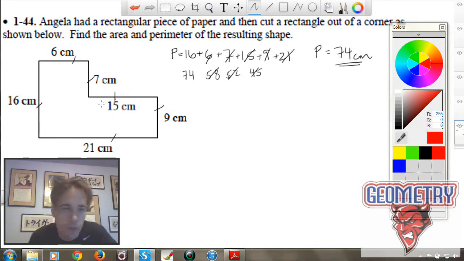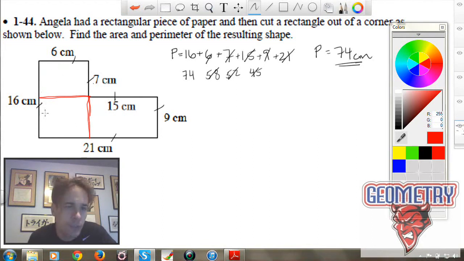Now for the area, there's a couple different ways you could choose to do this. One way would be to divide or dissect this object, maybe by turning it into two rectangles here. Maybe we could divide it this way as well. So we could have a 21 by 9 rectangle and then a 7 by 6 rectangle.